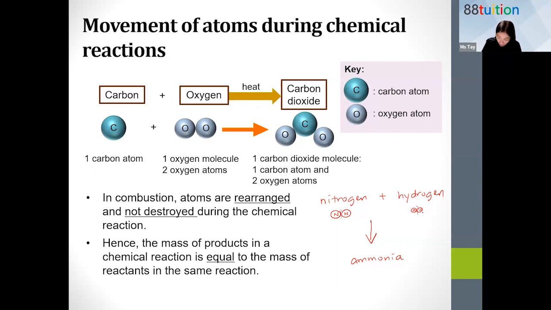Bonds will break, and then new bonds will be formed. Ammonia is NH3.